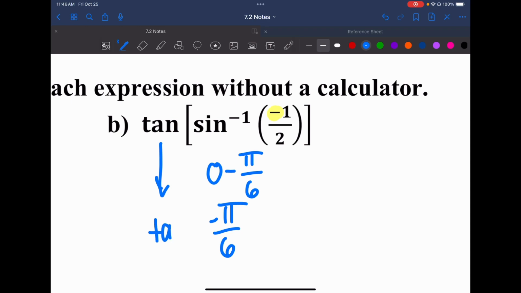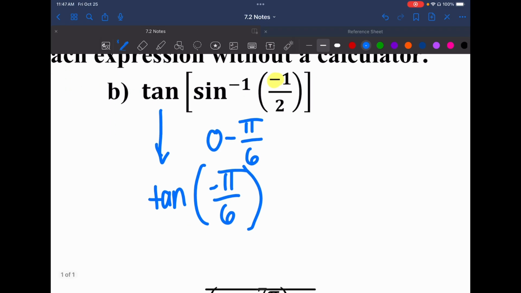Now bring down that tangent. So tangent of negative pi over 6. So if you think about this one, pi over 6 would be graphed here, negative, which makes the reference angle positive pi over 6.